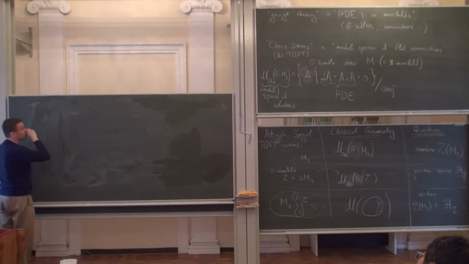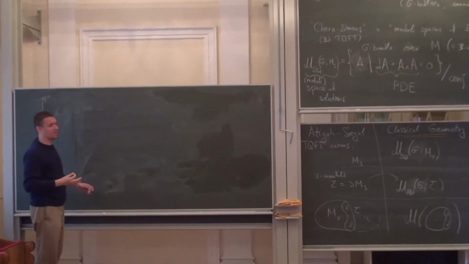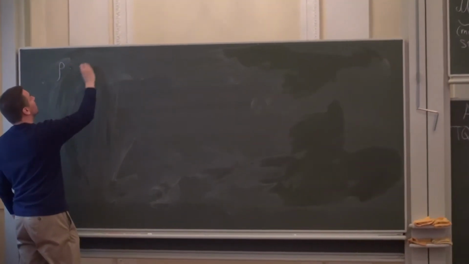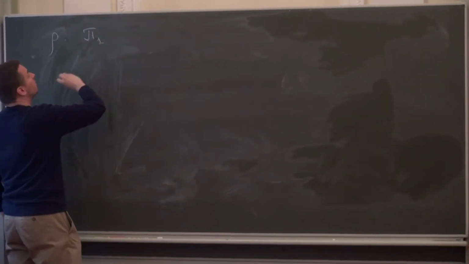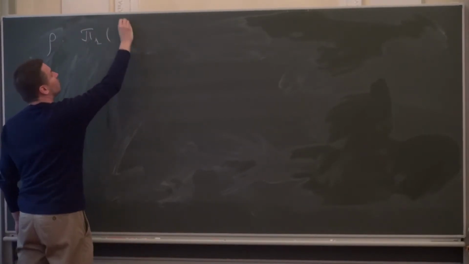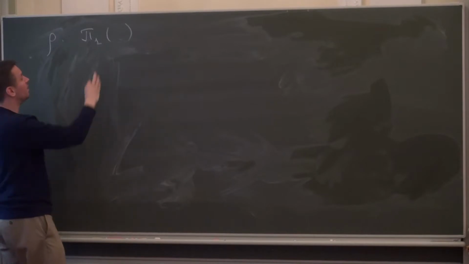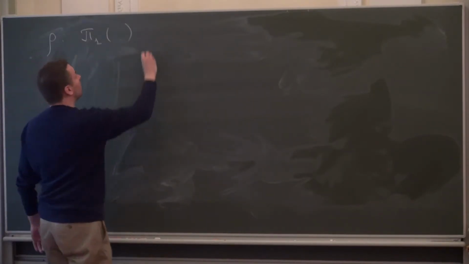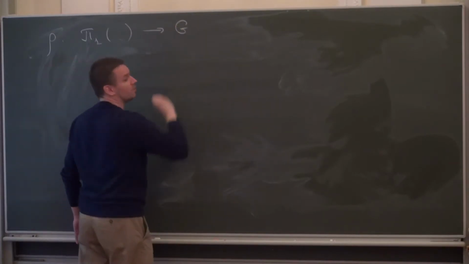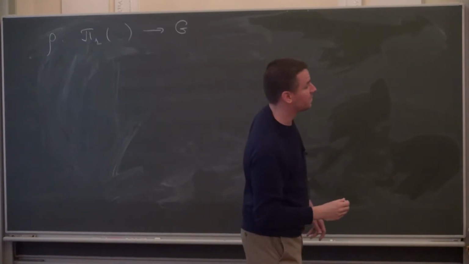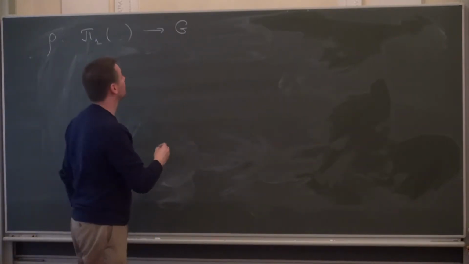Any flat connection on any manifold is characterized by its holonomy. So you always have to study a homomorphism, a map, I'll call it rho, from the fundamental group of whatever space you want to study, say a Riemann surface, which we'll do in a second, or a 3-manifold, into the group G. And we're also interested in such maps modulo conjugation.